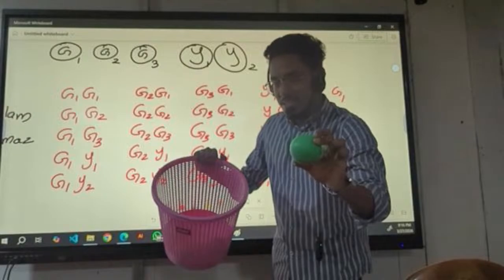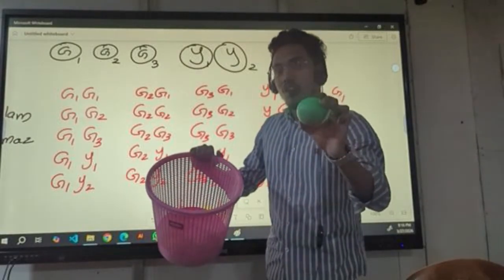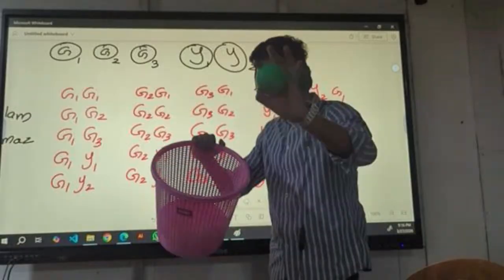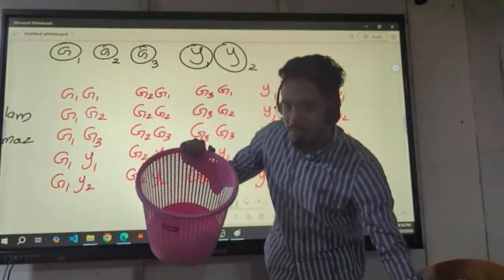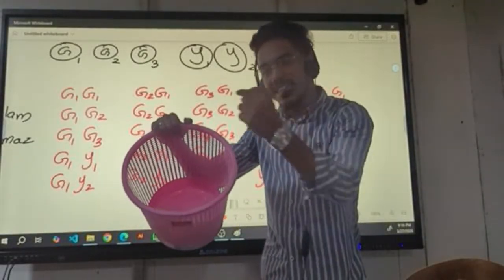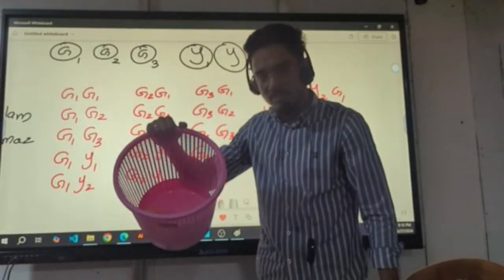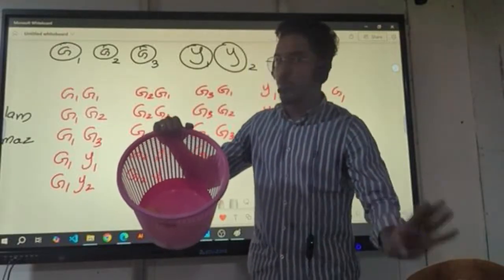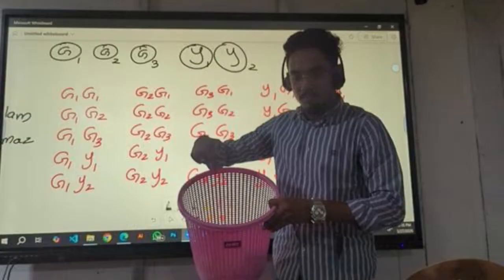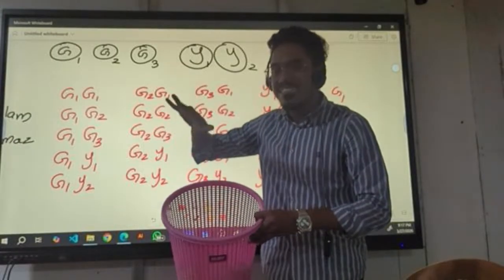Now what happened is, I'm not going to replace this back to the basket, which means I have taken this G1 and I'm going to keep it aside. Now do you think we have G1 inside this basket? No, right? We don't have. Fine. Now he's going to come and select a ball.